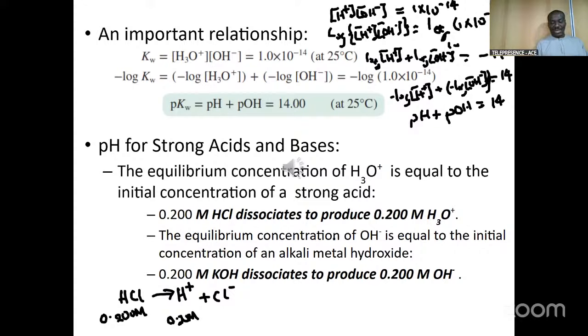However, if you look at a diprotic acid, because it's important to emphasize that, let's look at a diprotic acid like H2SO4. Let me write it here. I'm finding it difficult to write at this point. So let's look at H2SO4.